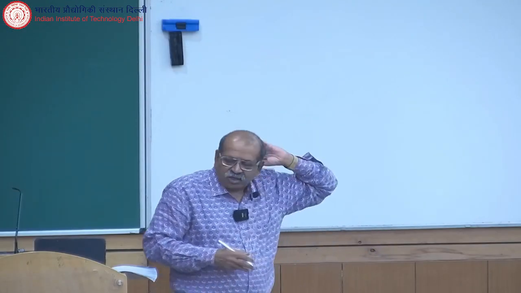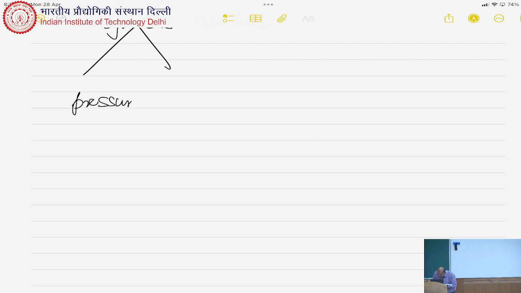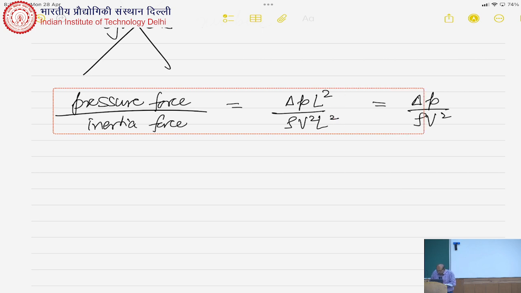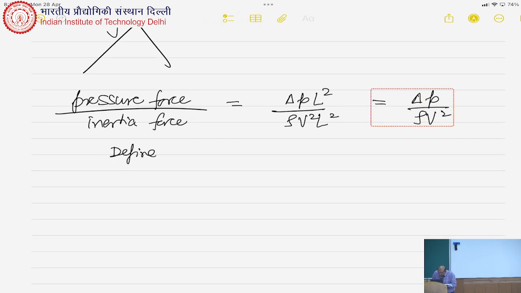What I am doing here is more or less not very insightful, but at least one can see something. If we take a ratio of pressure force to inertia force, this gives us delta P times L square divided by rho V square L square, which is delta P by rho V square, and this we define as the Euler number.